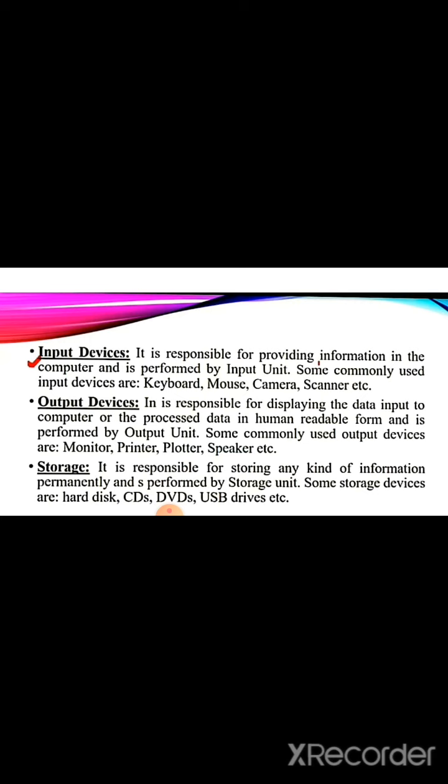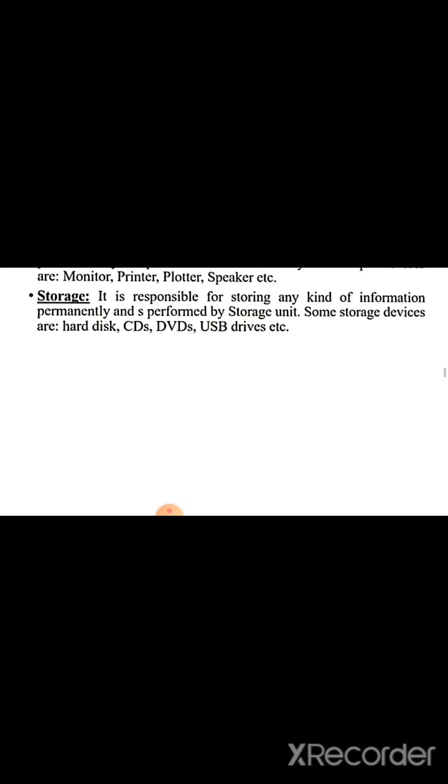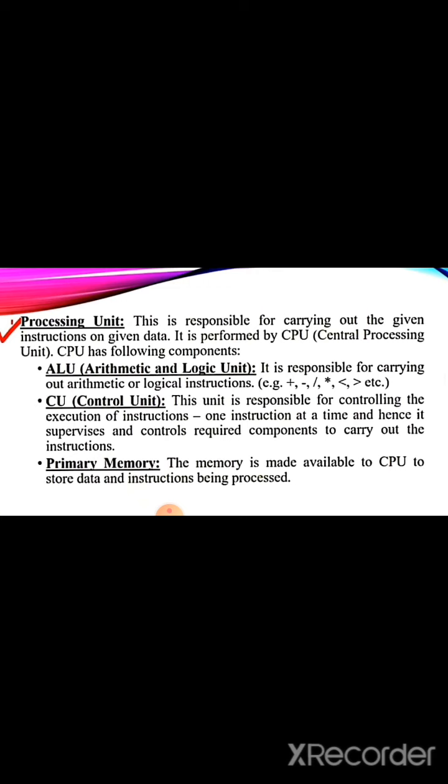Now inside the CPU, there are two functional units, CU and ALU. ALU means arithmetic and logic unit, and the next one is CU, the control unit.